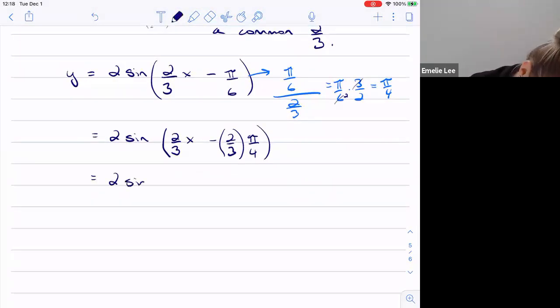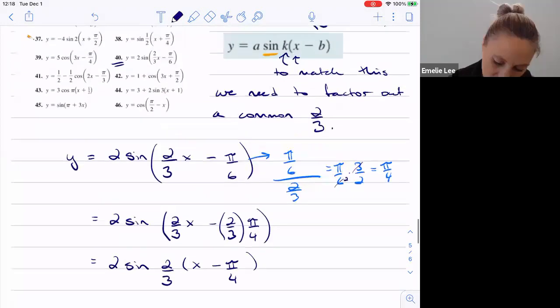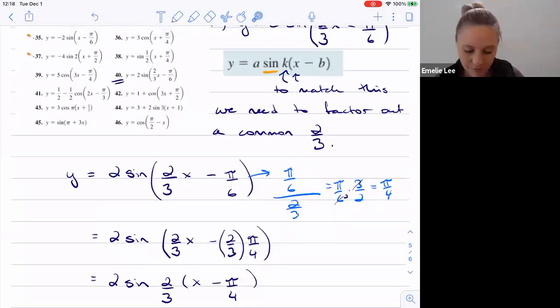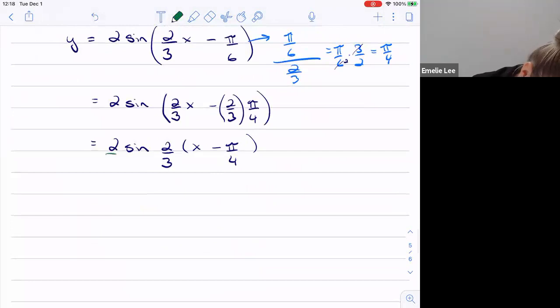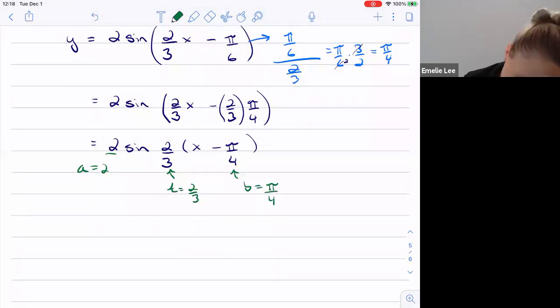So I get 2 sine 2/3 times x minus pi/4. So now I've got it matching this setup, where a is 2, k is 2/3, and b is pi/4.